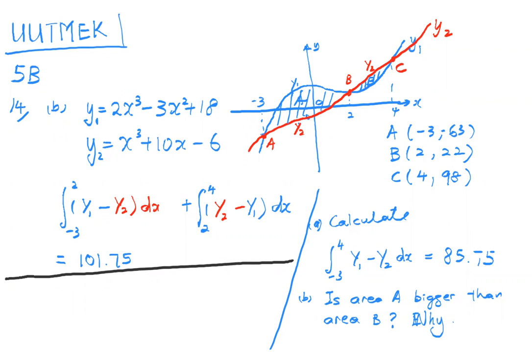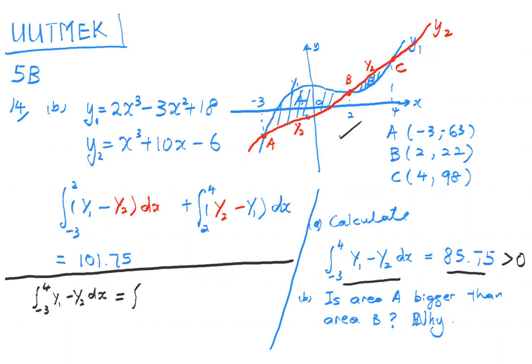You see, you get this positive, correct? How to split this based on the graph here? So I will say integrate -3 to 4 y1 minus y2 dx. I will start by here, equal to. I split.